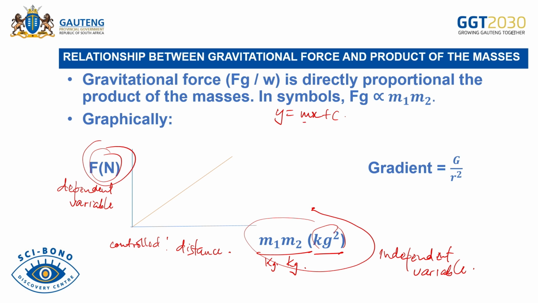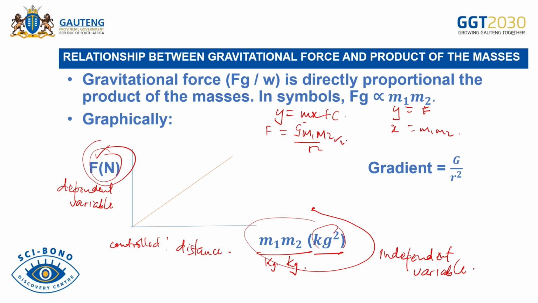In this case, your y is F, and your x is the product of the masses. Then check the equation where you have F, m1, m2. There is only one equation: F equals G m1 m2 over r squared.